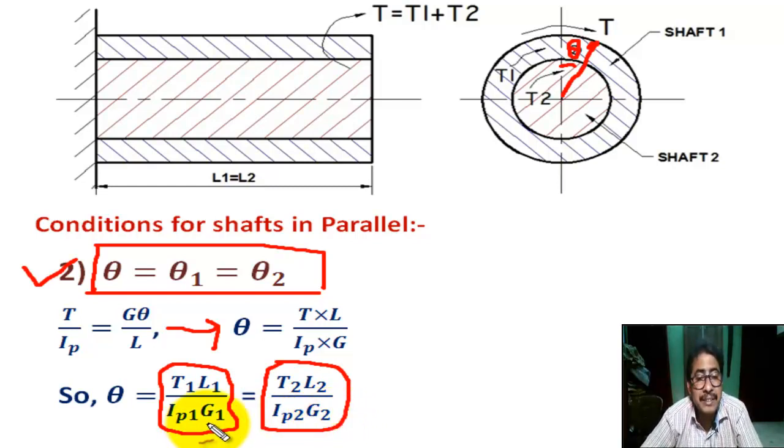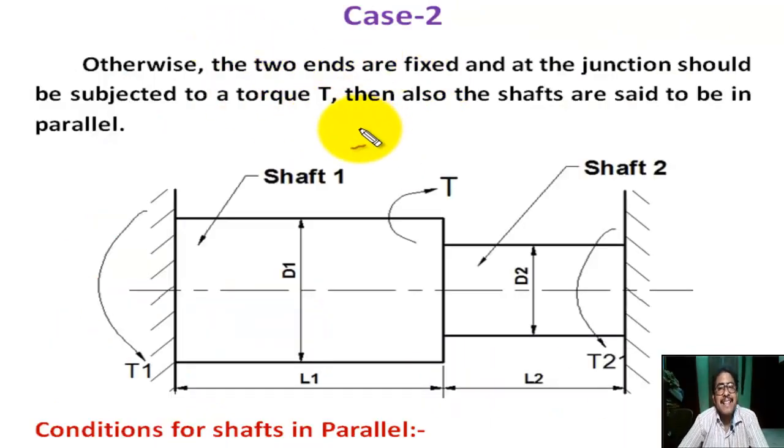For the same material, G1 equal to G2. The previous case is the normal case.